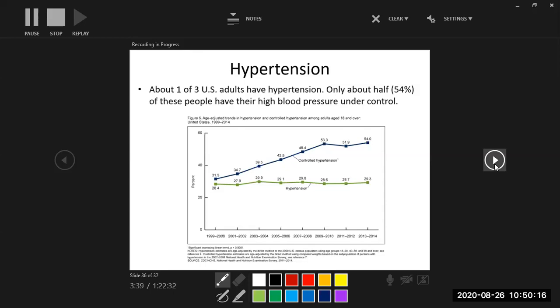So we need to have that awareness, in our family and among our friends, to really pay attention to this condition and have good management of your health.